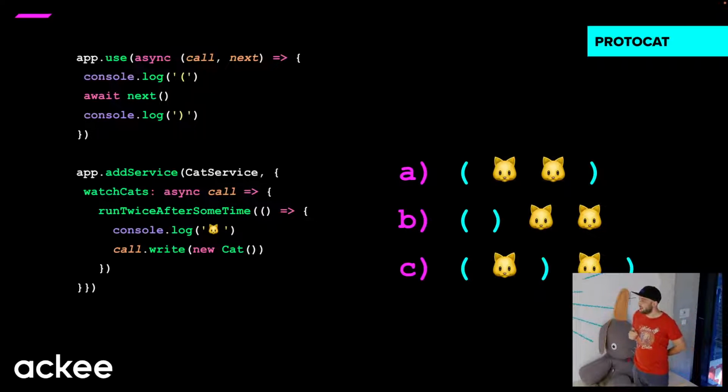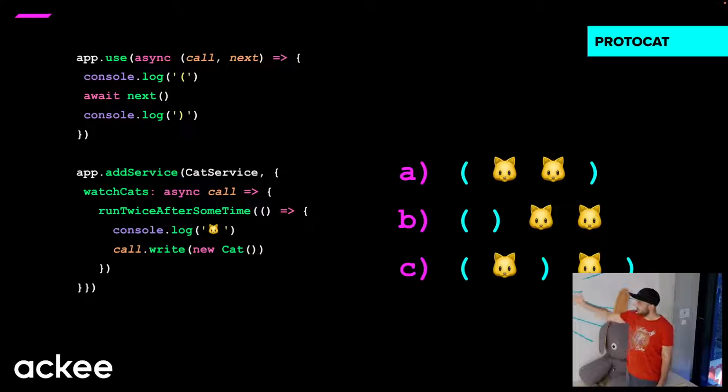And so I guess it's so opinionated that it's not in the main framework, and it's up to you to decide. But we thought, hey, let's make a decision and move on. So what we did is, by default, protocat behaves the way B does. As soon as the resolver or the implementation ends, the closing code of the middleware is executed.